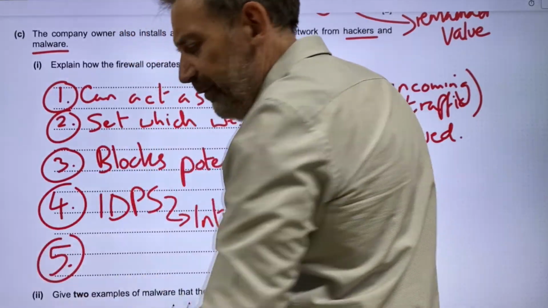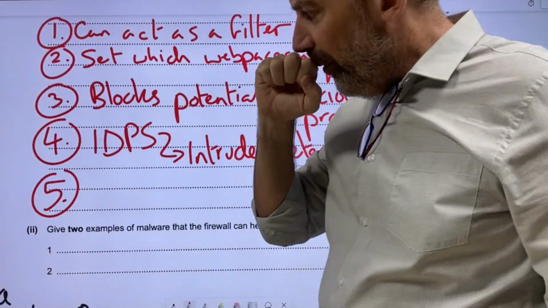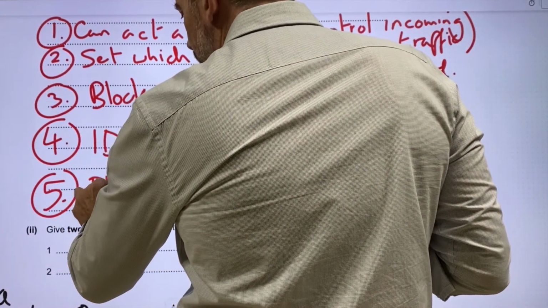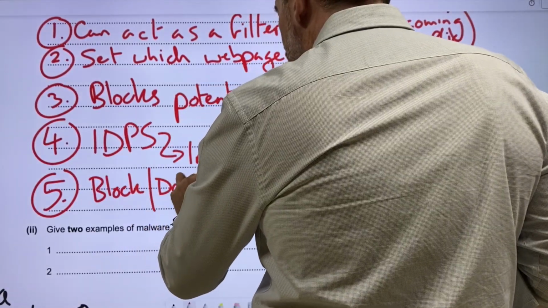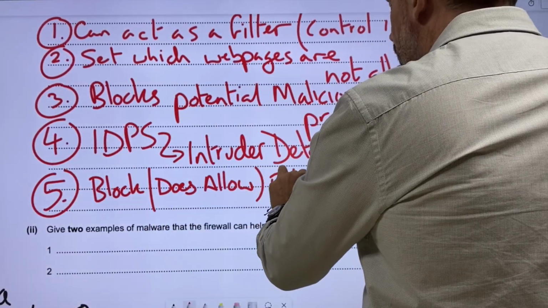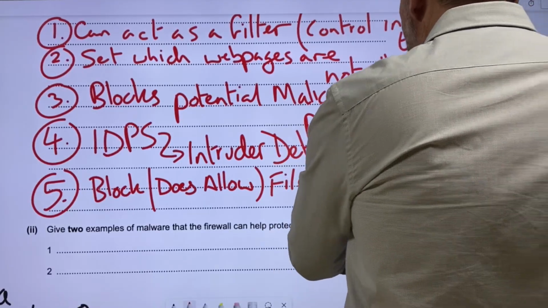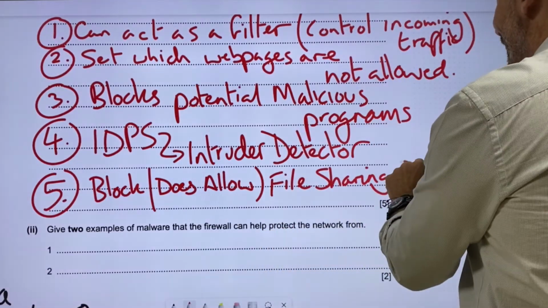And then 5, I mean, there's a few. I'm trying to think of the ones that you might be more familiar with. It blocks or doesn't allow file sharing, like things like the Pirate Bay and piracy sites, file sharing sites.